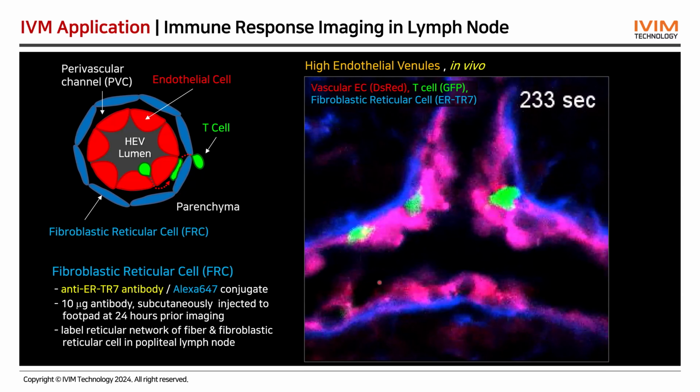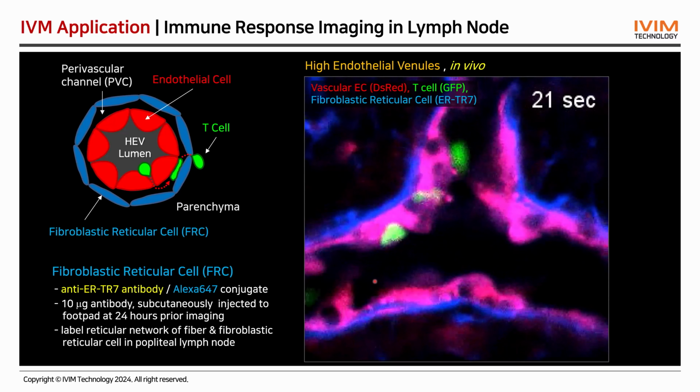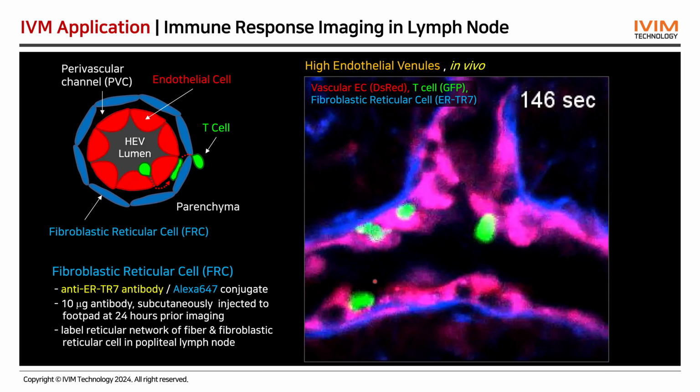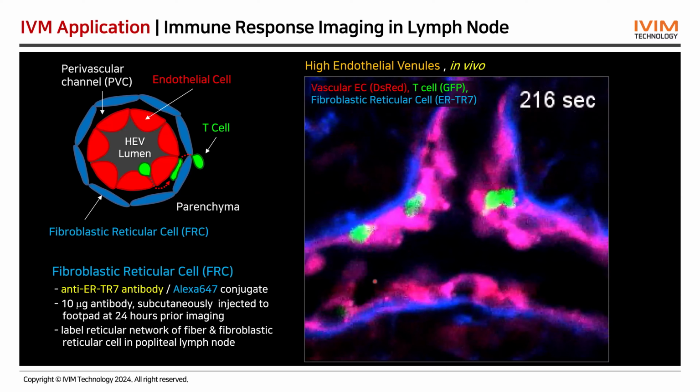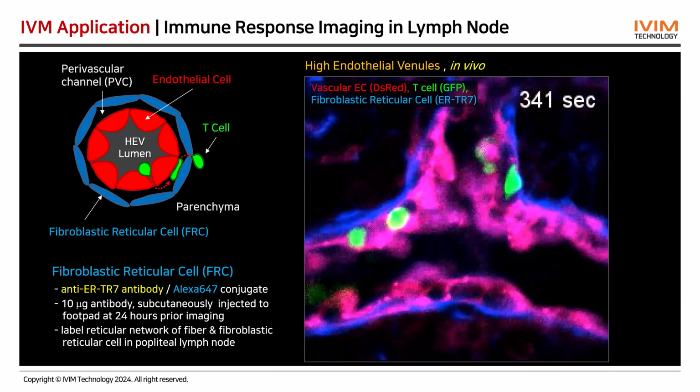Additionally, we injected an in vivo labeling kit composed of anti-CD31 antibody to stain blood vessels and CD3 antibody to stain T cells, resulting in red and green signals for each cell type, respectively, before proceeding with the imaging.